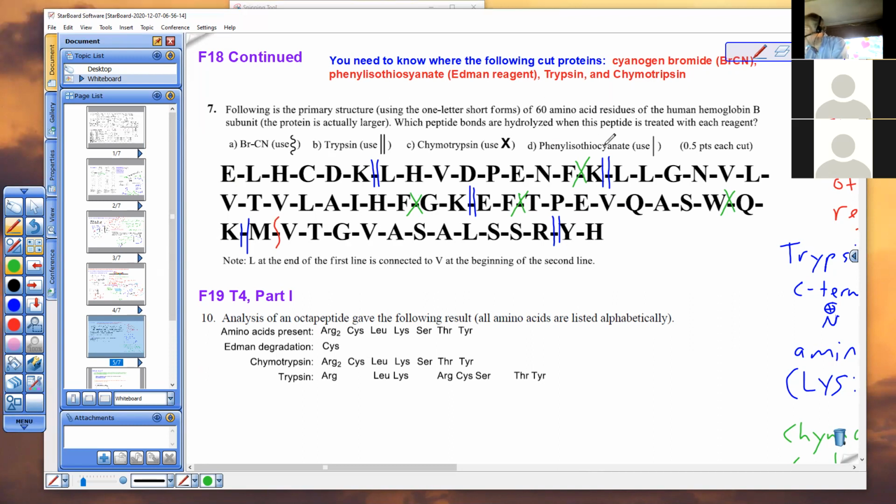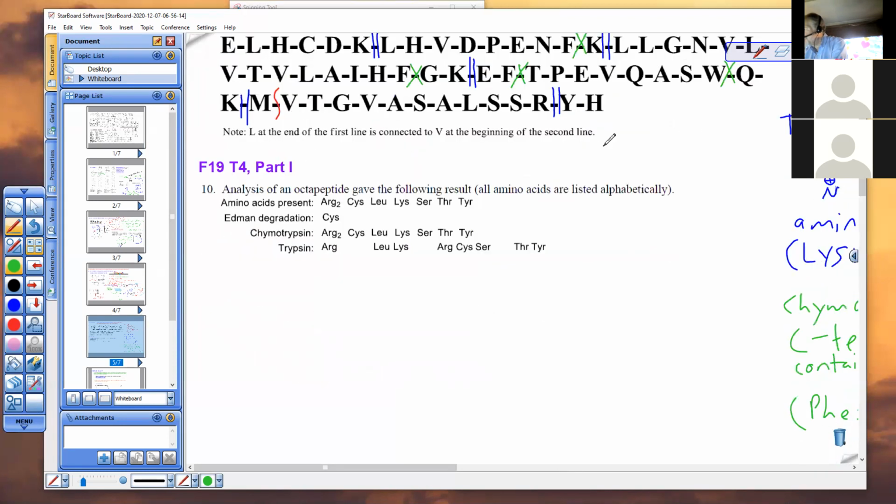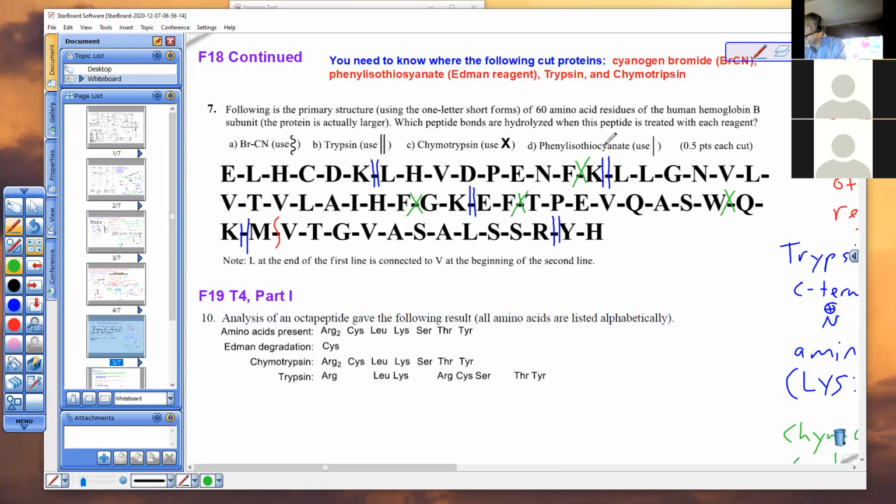And our last one is the easy one. Phenyl isothiocyanate. I'm just going to put that upstairs. It's the easy one. Purple. Phenyl isothiocyanate. C-terminal of amino terminal residue.